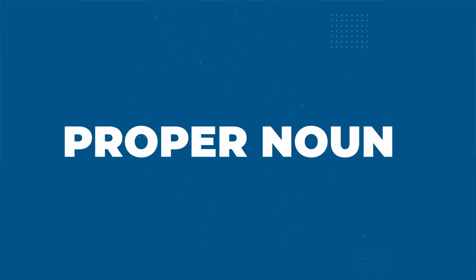What are proper nouns? They are the names of people, places, things in particular, and we call them proper nouns. Names of people, names of countries, cities, days of week, famous buildings, places, monuments, planets, etc. They always begin with a capital letter.